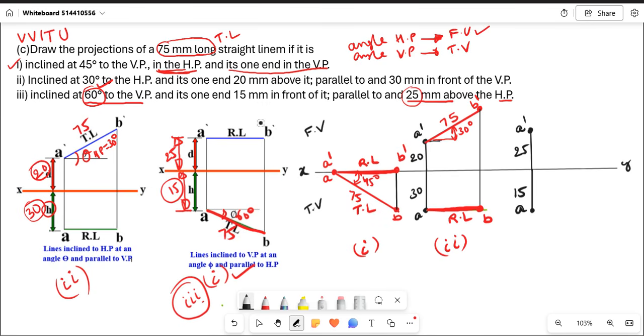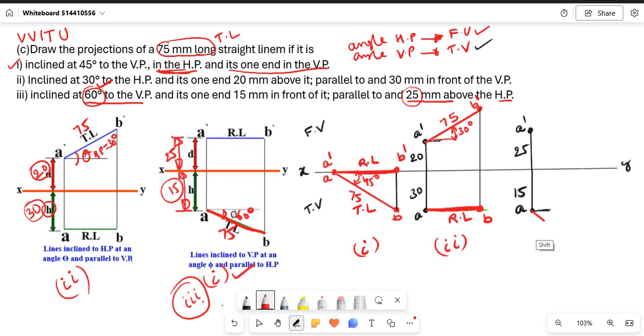Because the line is inclined with VP, this angle we can get in the top view. Hence in the top view you draw the original length with the original angle, this angle from this line is 60 degrees. Then you get this point B.